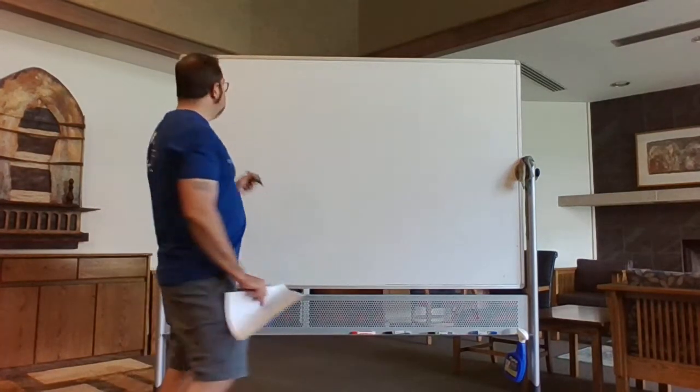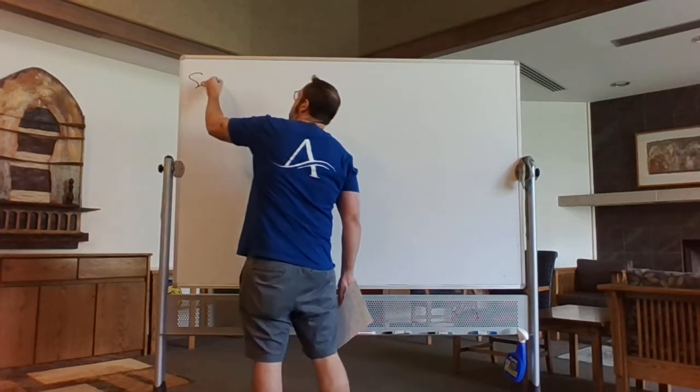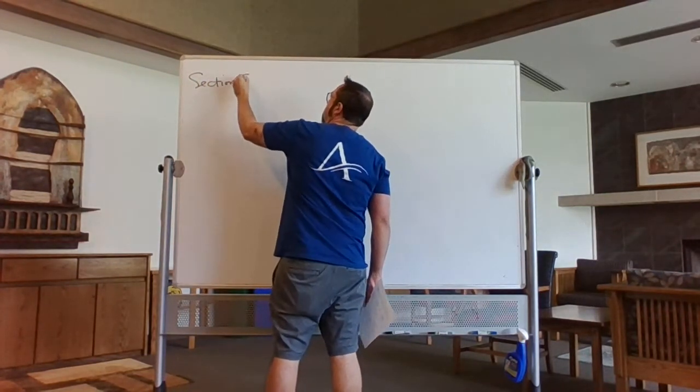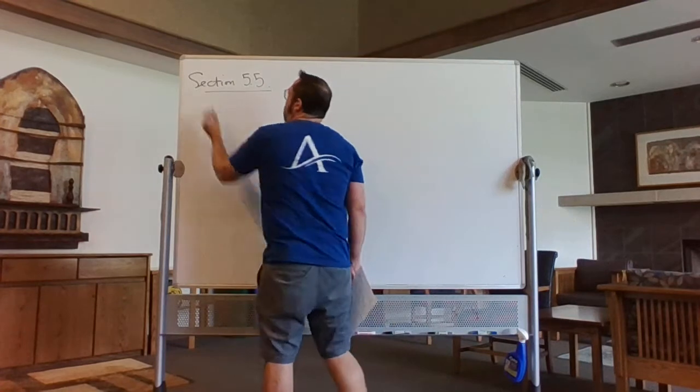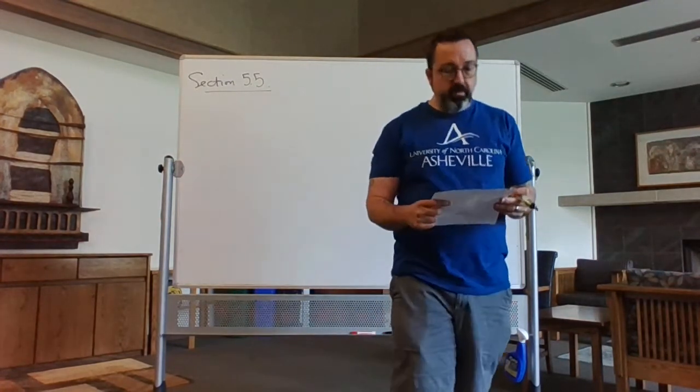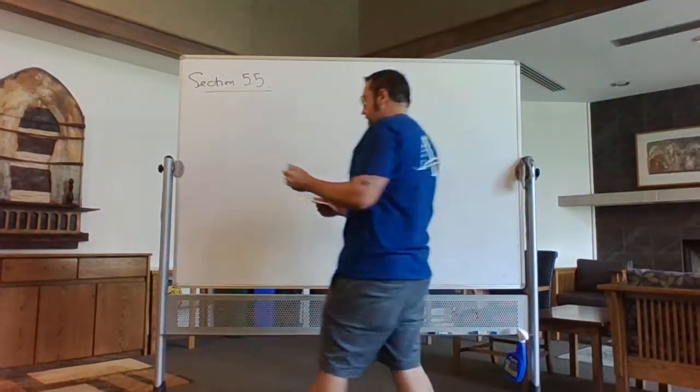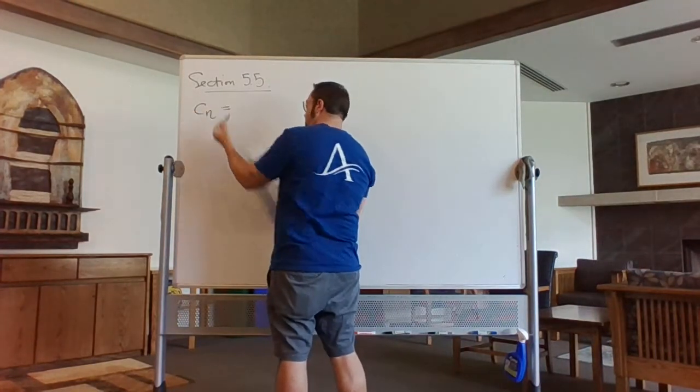One sequence that your textbook mentions, again in section 5.5, talking about recursive sequences, is a collection of numbers called the Catalan numbers.